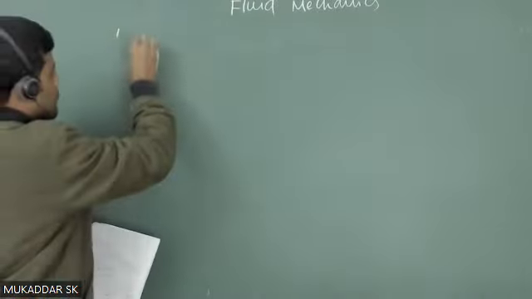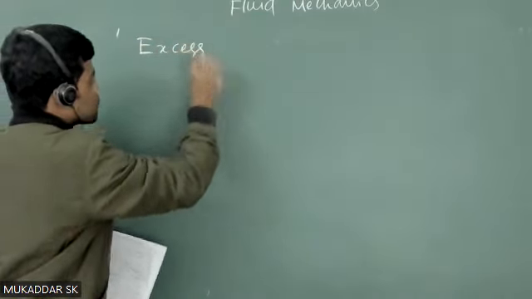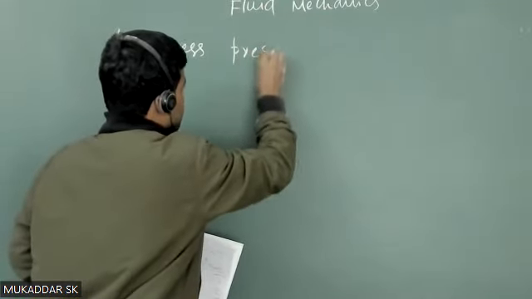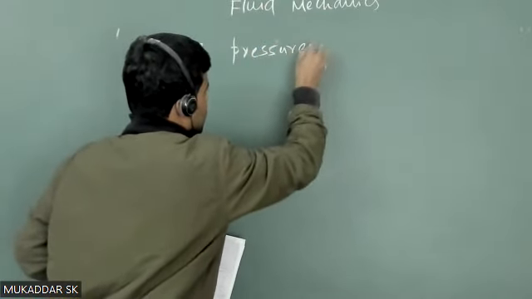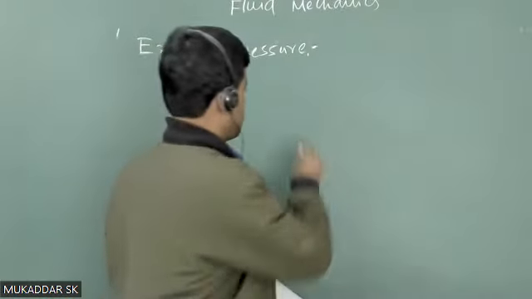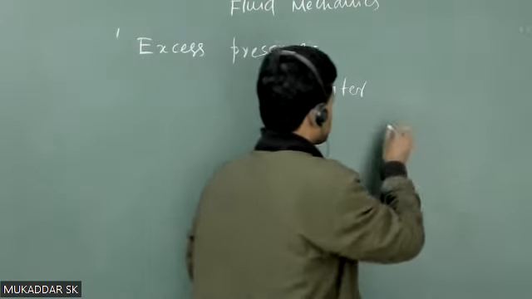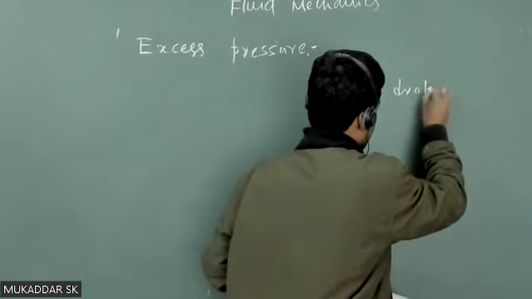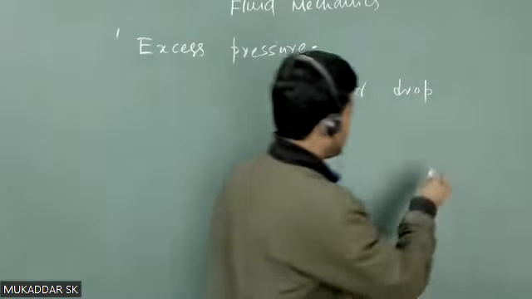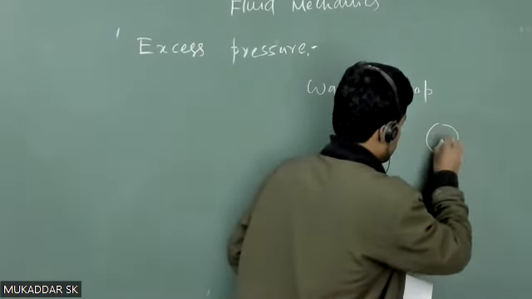Now you have another thing, that is excess pressure. That is also important. Suppose you have a liquid drop, a water drop, and let us assume r is the radius of this water drop.